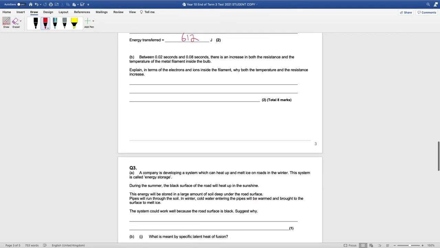Part B. Between 0.02 seconds and 0.08 seconds, there is an increase in both the resistance and the temperature. Explain, in terms of the electrons and ions inside the filament, why both the temperature and the resistance increase.